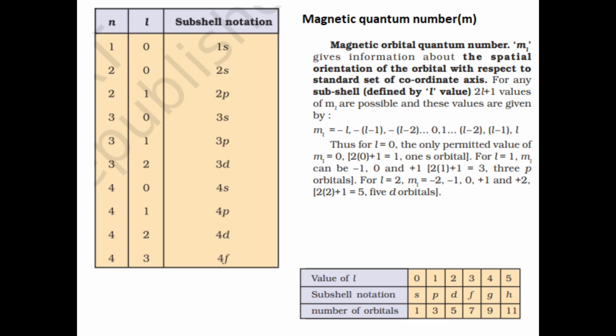Thus for l equal to 0, the only permitted value of ml is 0. So for l equal to 0, m is 1 value; for l equal to 1, there are 3; for l equal to 2, there are 5.